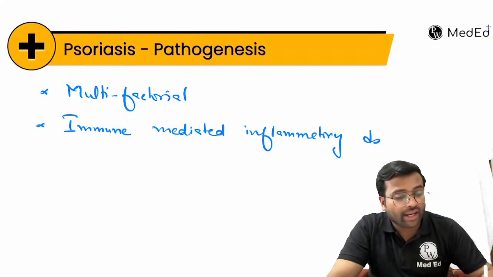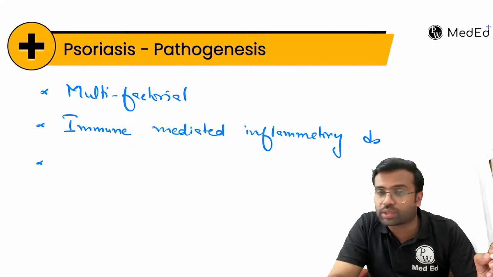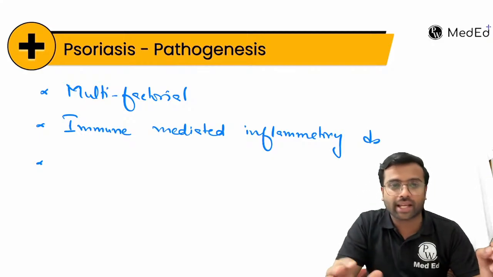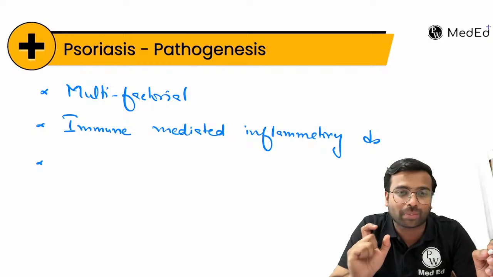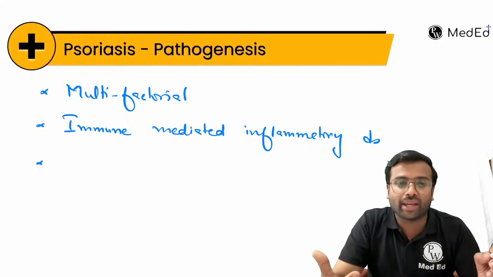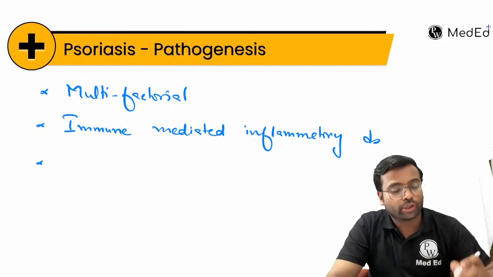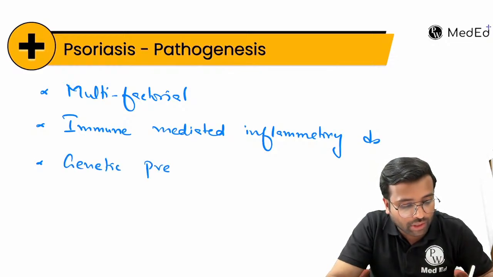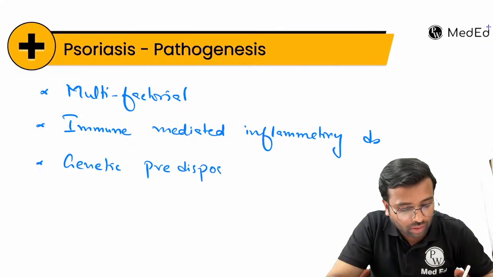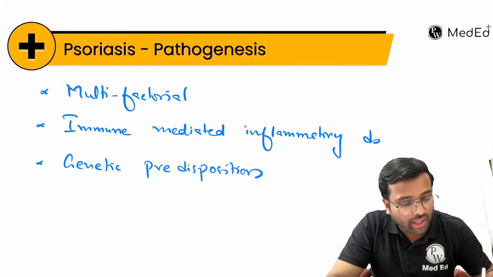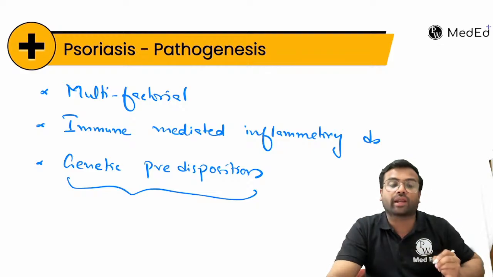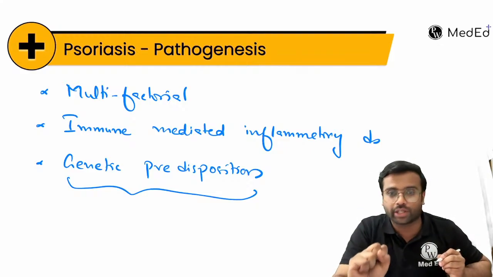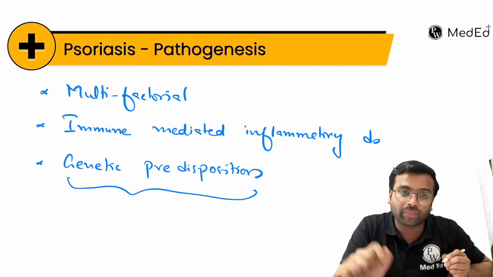And other than that, are there any HLA associations? If you can give this HLA part very specifically, that is going to be again an additional mark for you, isn't it? So you can just write down, there is a genetic predisposition. Under this genetic predisposition, you can write down what are the two types of HLA associated with this disease.